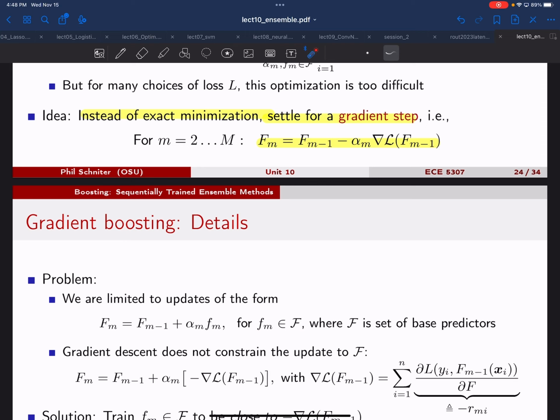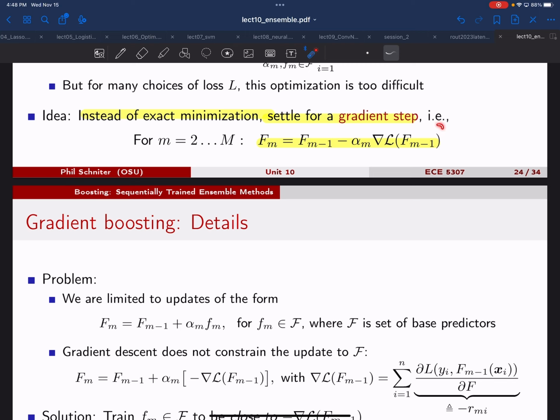For example, like a tree. So the problem now is when you compare this to this, if they're going to agree, that means that this gradient needs to be implemented as a tree, right? Or if you're working with neural nets, it means that this gradient needs to be implemented as a neural net. Or if you're working with linear classifiers, it needs to be implemented that way.